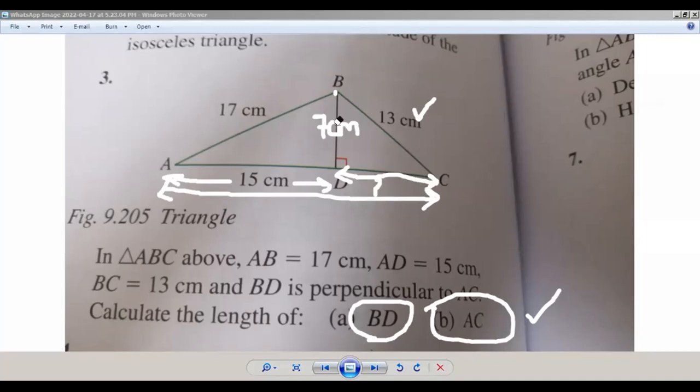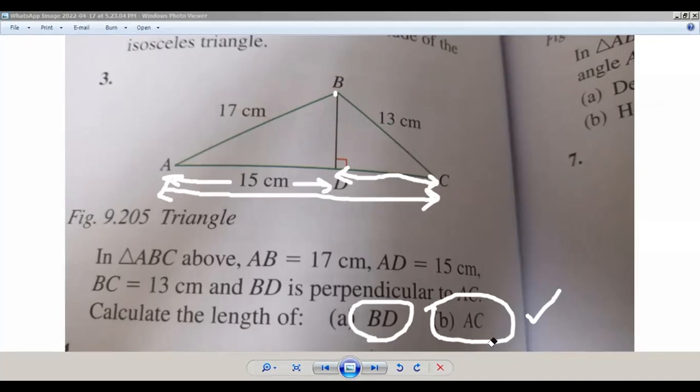And then when you get the answer for DC, you add it to 15 to get the length of AC. Because the question didn't say to find the length of DC, the question says to find the length of A to C. All right, so I'm going to give you 5 minutes or less to compute that.